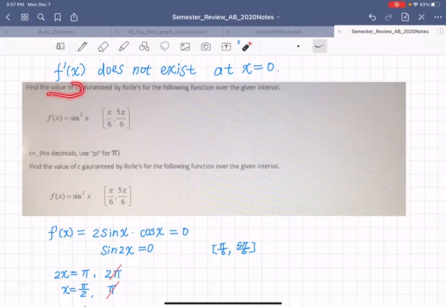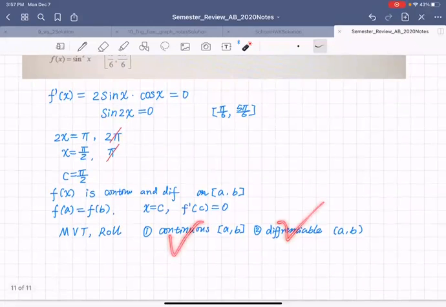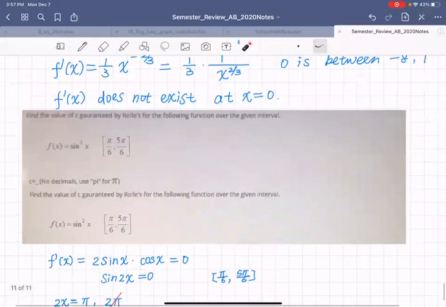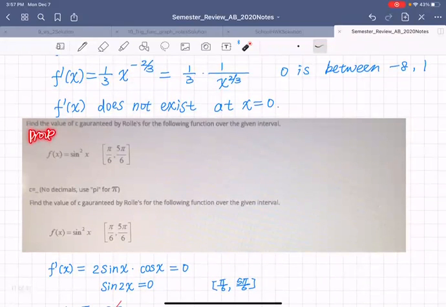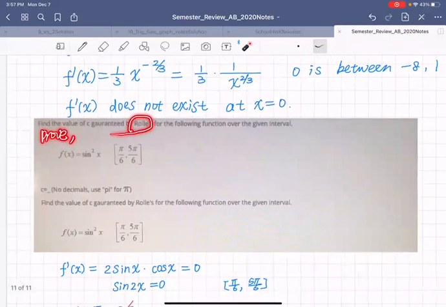If they say find the value, you can forget about this. They didn't ask you to prove. But if they say, please prove that Rolle's theorem can be applied to this and then find the value of c, then you have to show it. This is a trigonometry function, you don't have anything in the denominator, so this is continuous.